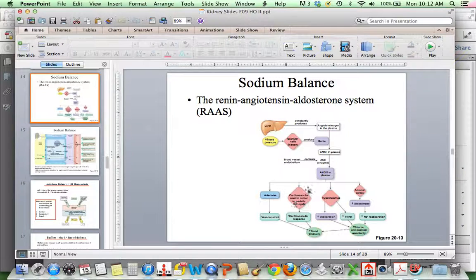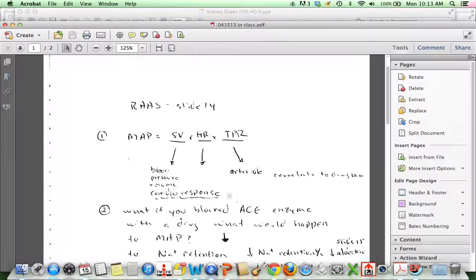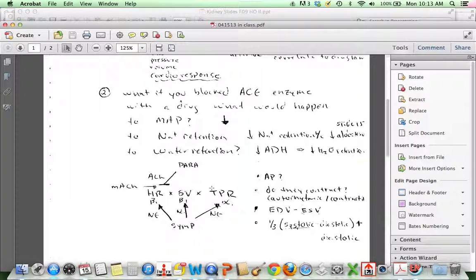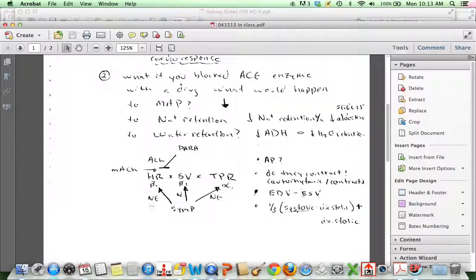And then as far as stroke volume and heart rate, those two things are regulated by our cardiovascular control center. And then we talked a little bit about the way that that's modulated. I'm going to scoot down here and show you this region, which emphasizes how heart rate, stroke volume, and TPR are regulated by our autonomic nervous system.